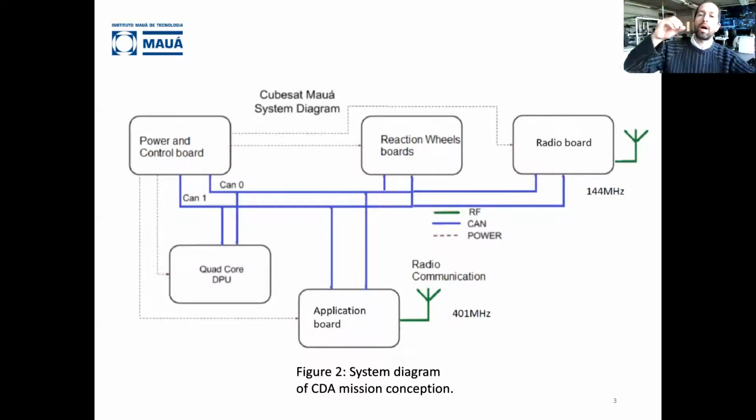If you have our planet here and the Cubesat in a polar orbit, we can receive any sensors and create a log inside the Cubesat. Then when the Cubesat flies over the Mauá station radio, the Cubesat sends every sensor reading received in these orbits. Okay.